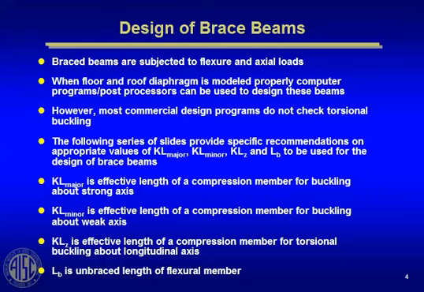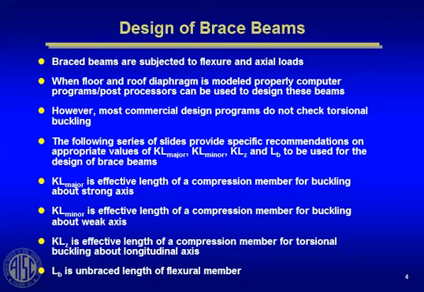And most, if not all, post-processors that design these elements as part of the software do not, to my knowledge, consider torsional buckling. Yet torsional buckling, as you will see here in a minute, could control the design of these members, and you have to be very careful of that, and we're going to get into that here in a second.